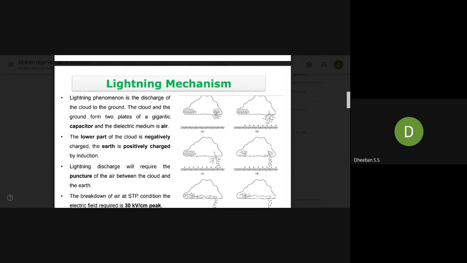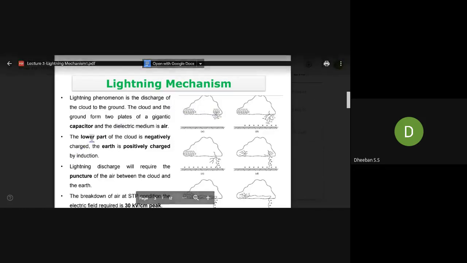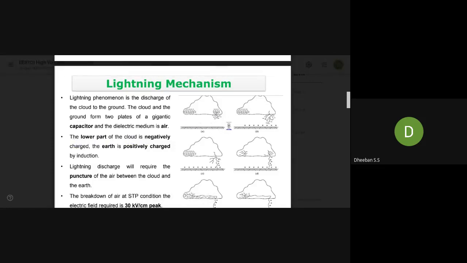Now in general, in order to see the lightning, this dielectric medium has to be broken. This dielectric medium should be able to conduct. If it is able to conduct, your negative charges, as we have seen in the previous lecture, the lower part of the cloud will be having negative charges and the earth will be having the positive charges.